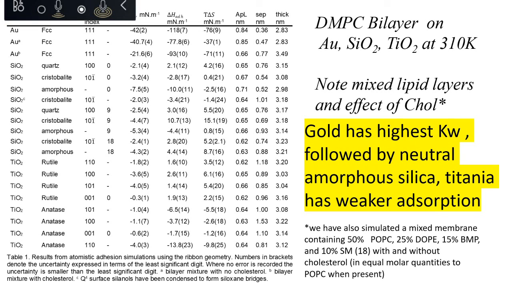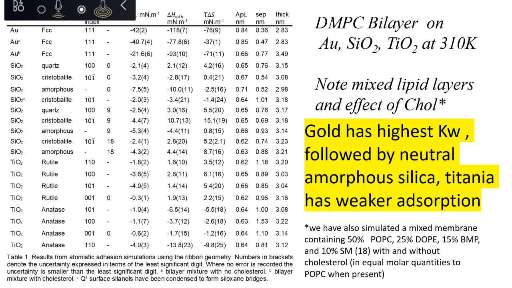If we go to the TiO2, we find generally weak adsorption, although we can see the rutile 101 and the rutile 100 have a value of around minus 4, as does anatase 110. A very key observation is that the lipid composition of the bilayer doesn't matter too much.